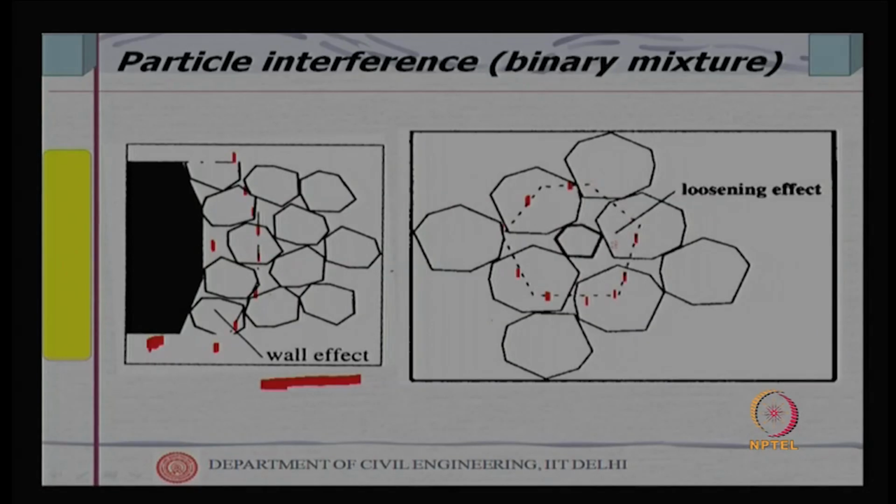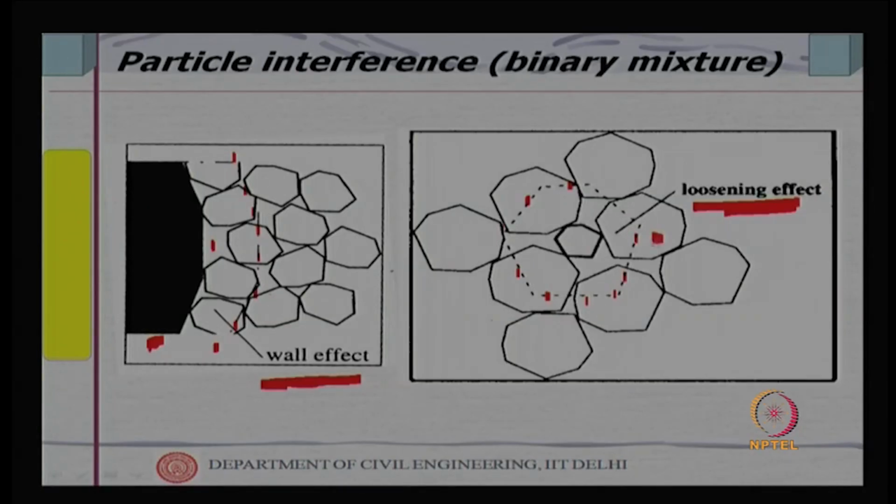So, a sphere of this particle is something like that, and if the voids otherwise were smaller, now this particle, depending upon its size, will push out. So, this is called loosening effect. So, wall effect and loosening effect are part of the particle interference, and due to this the packing density of both the quartz and the finer one gets disturbed.